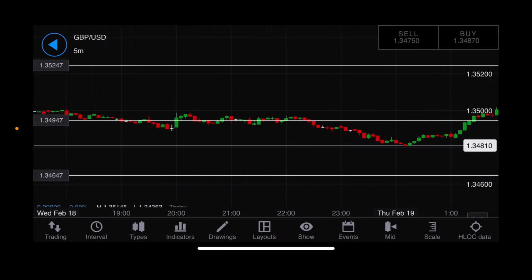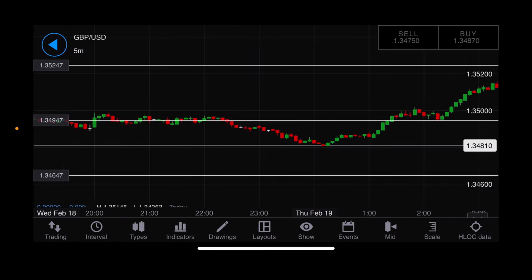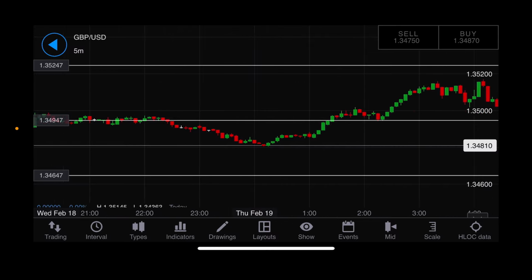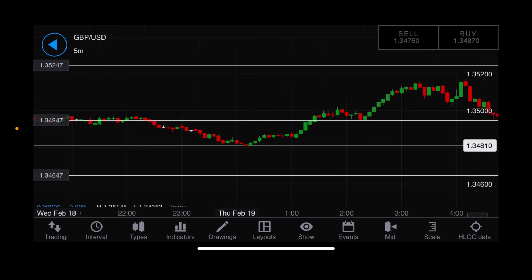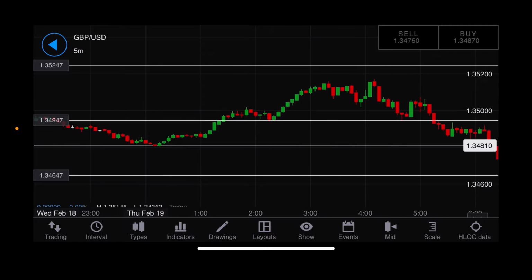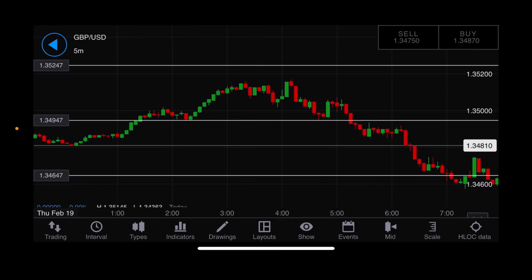We can see here it did it once just after midnight, and between 1 and 2 a.m. it went back, and then it went in the other direction between 3 and 4, and then by even 4:30, but certainly by 5:30, it had revisited the New York close. So no trade for us again on Thursday, February 19th.